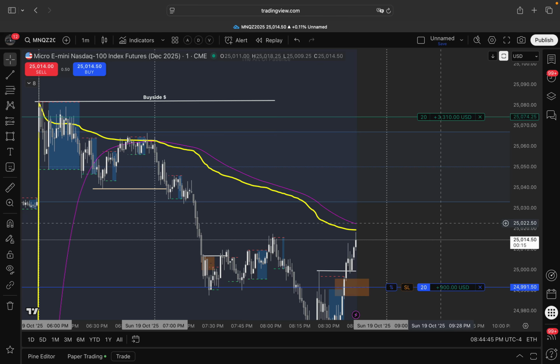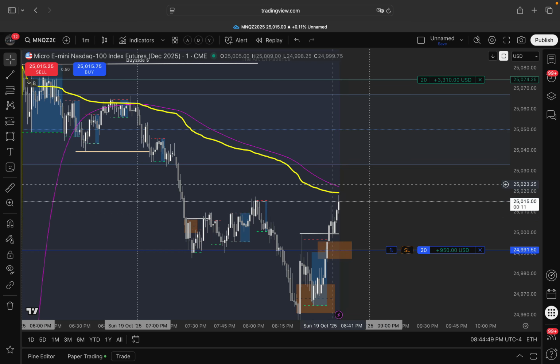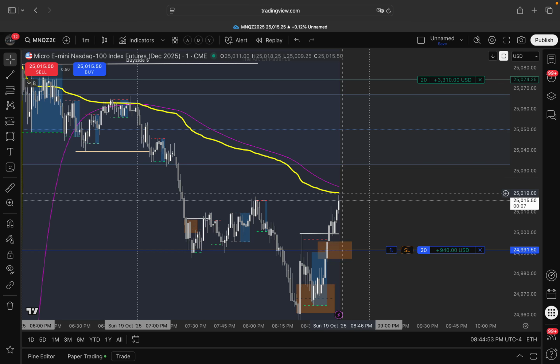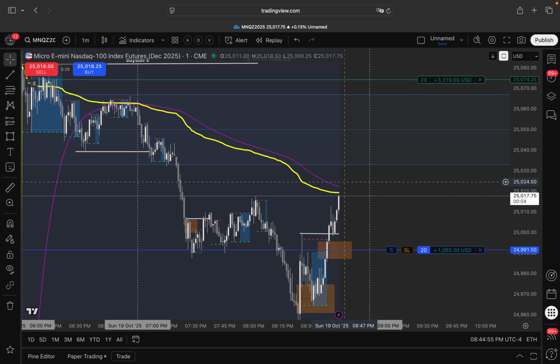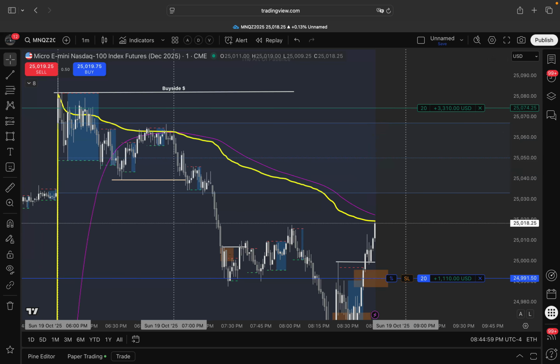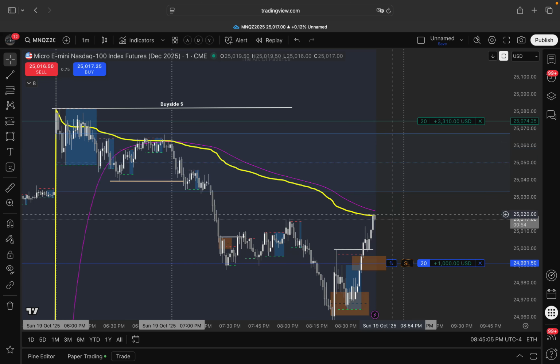So as you can see, price is now starting to get animated. As soon as these two lines cross, the VWAP confirms that price is going to run up and take out that buy side liquidity. So now, come on. Again, remember what I said about the VWAP. The VWAP is a trend indicator confirming the trend direction of the market.